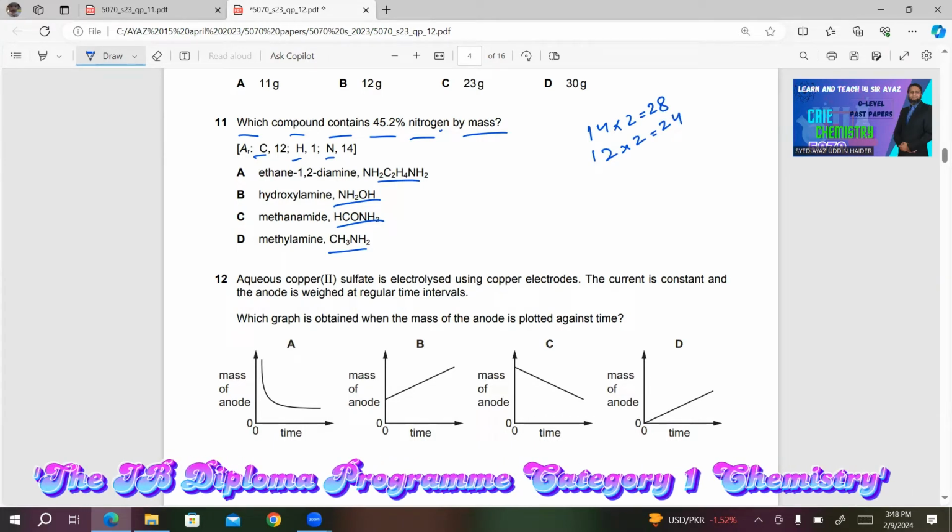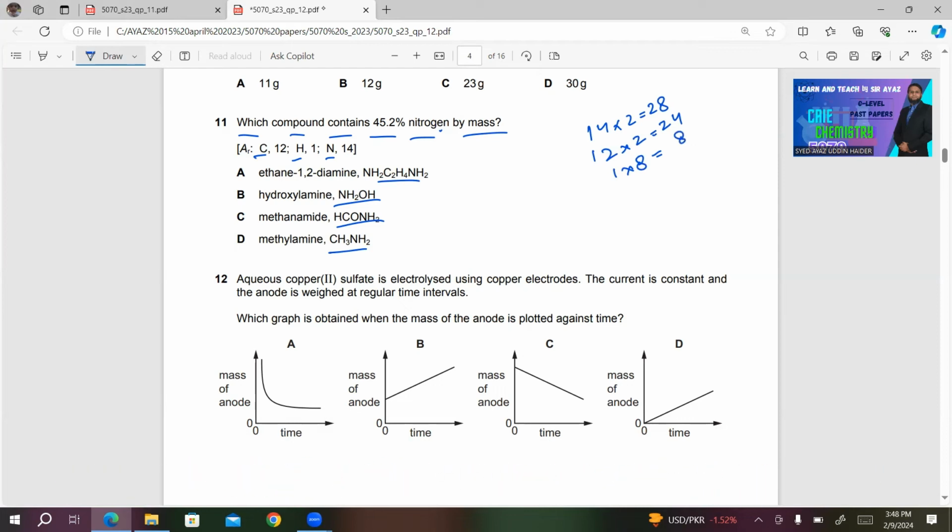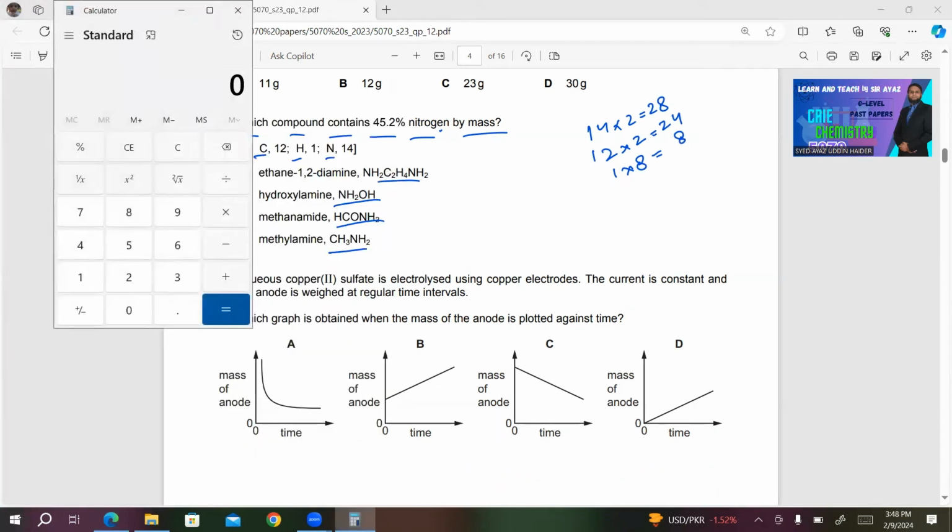We have 8 hydrogen atoms, so we will multiply 1 by 8, we get 8 here. If we add up these, 28 plus 24 plus 8, 60.